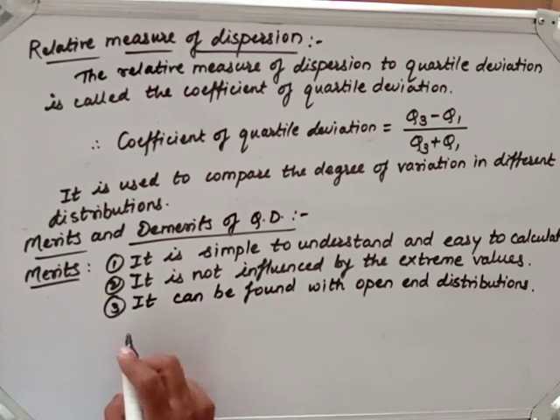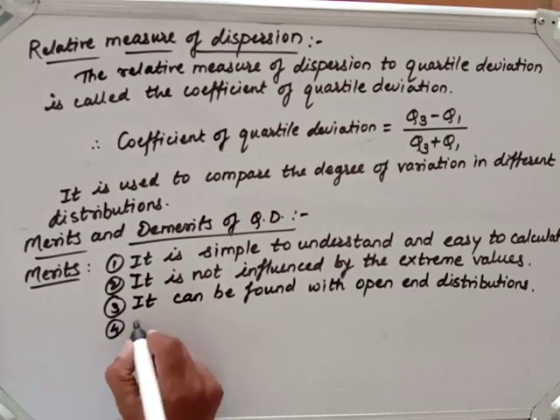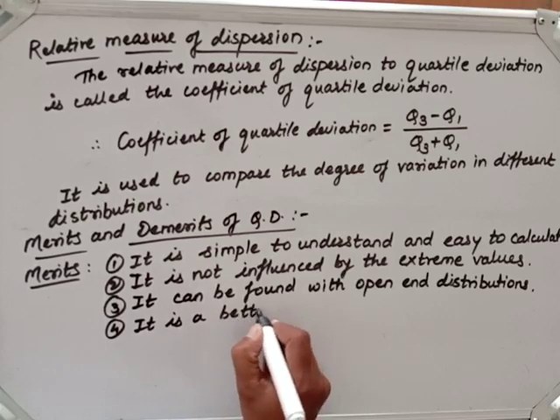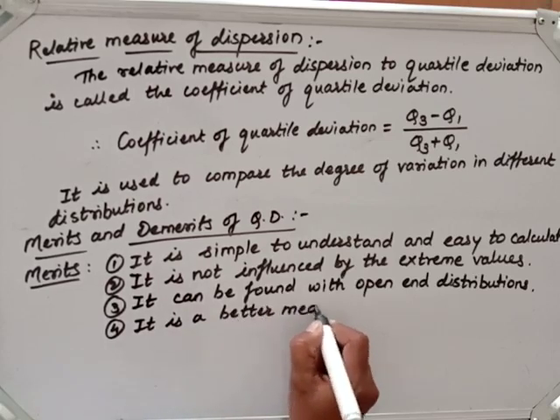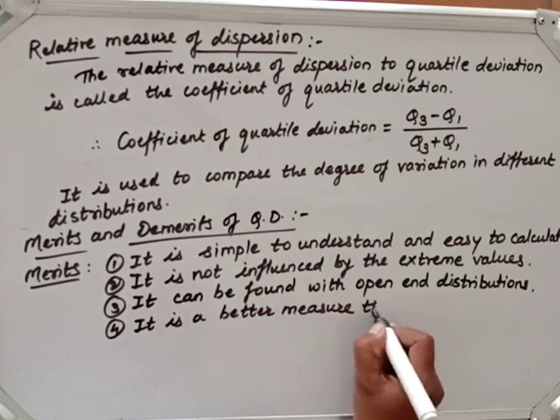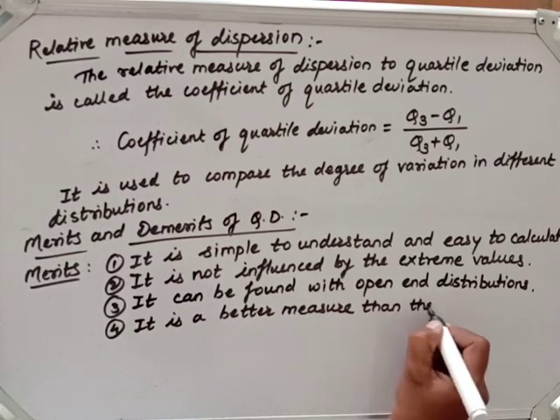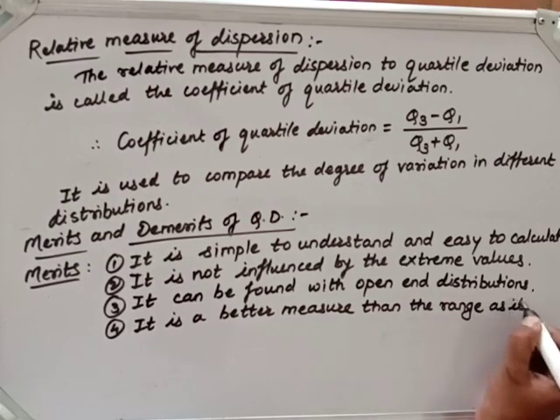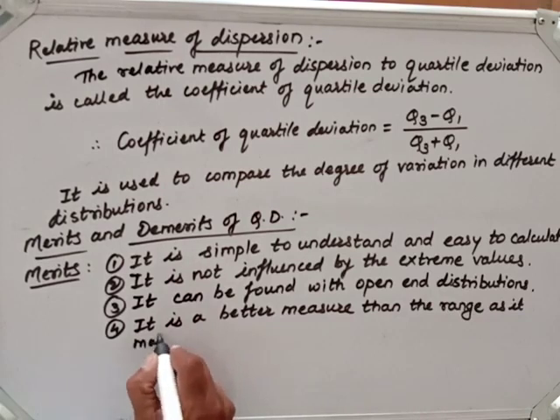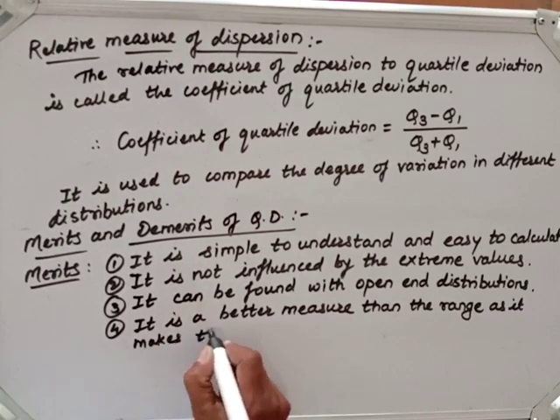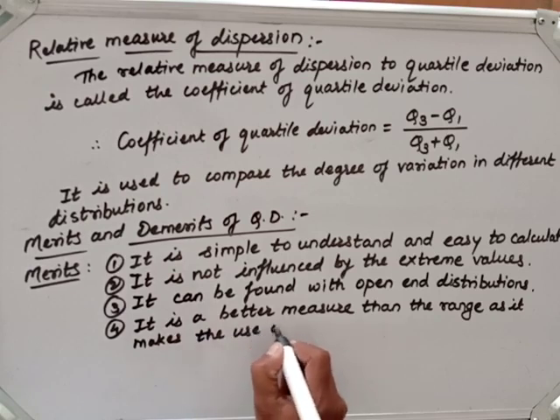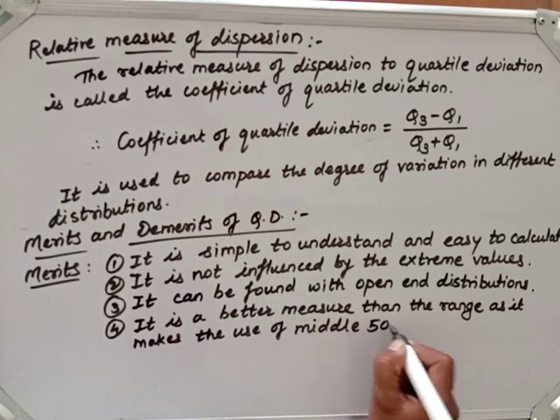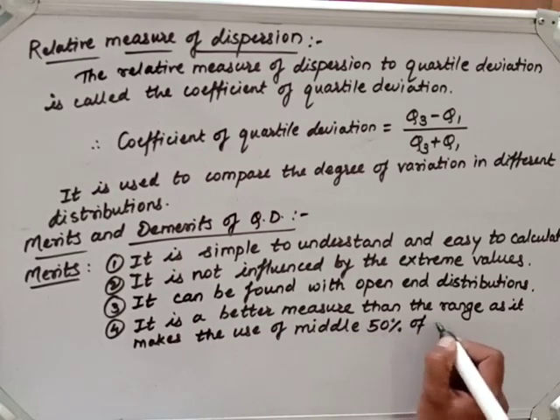Fine. Then the next one is that it is a better measure than the range, as it makes use of the middle 50% of the data.